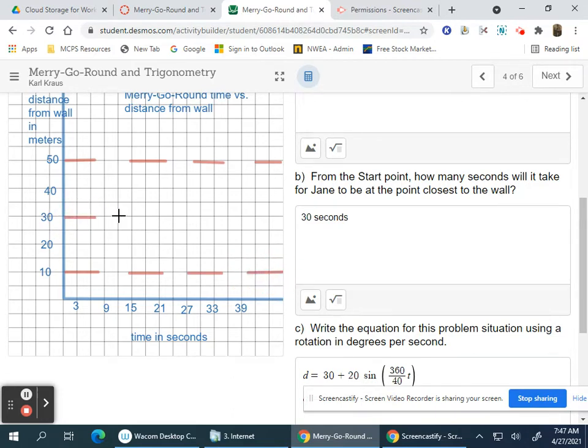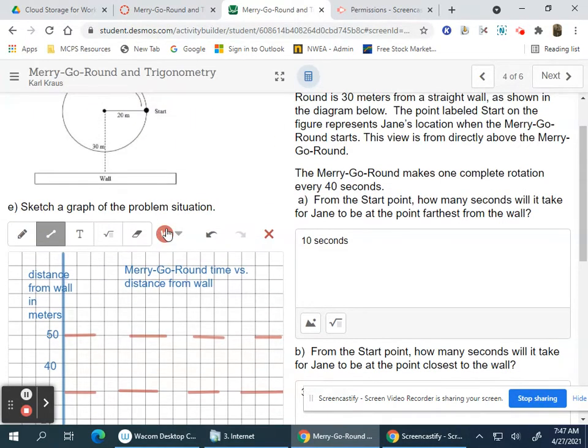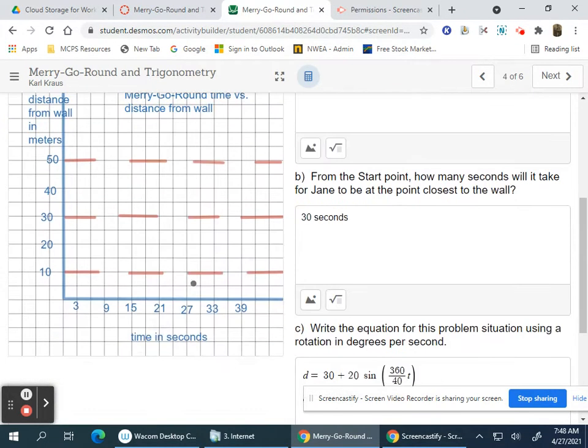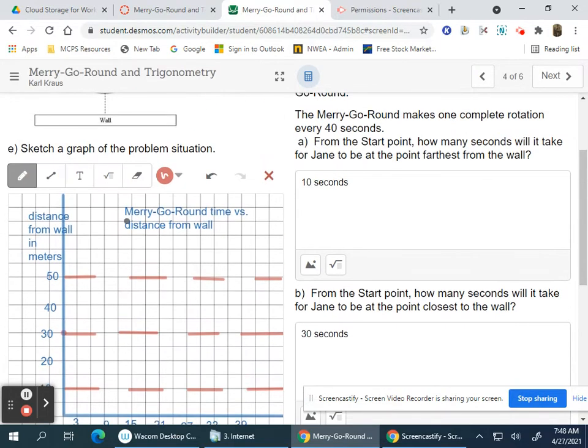And the center line is 30. So at 0 seconds, you're at the maximum here, or center line.